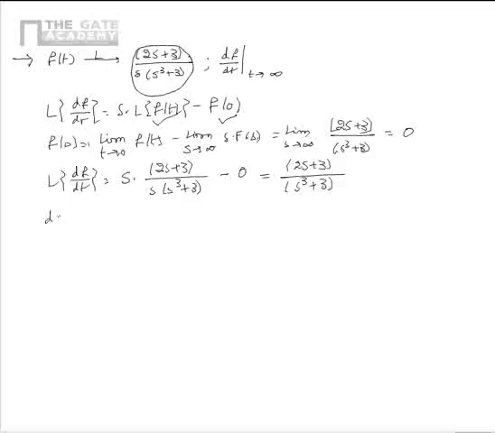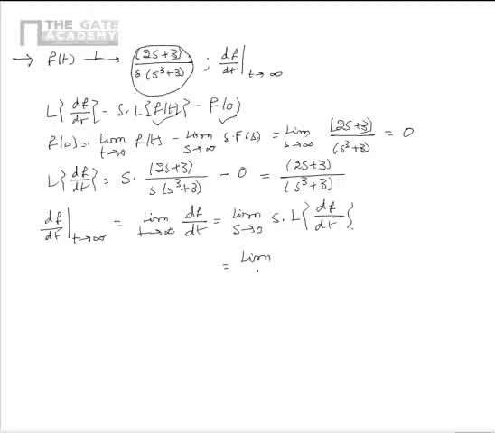Now, the value of df by dt as t tends to infinity can be written as limit s tends to 0 s into the Laplace transform of df by dt. This is from the final value theorem.